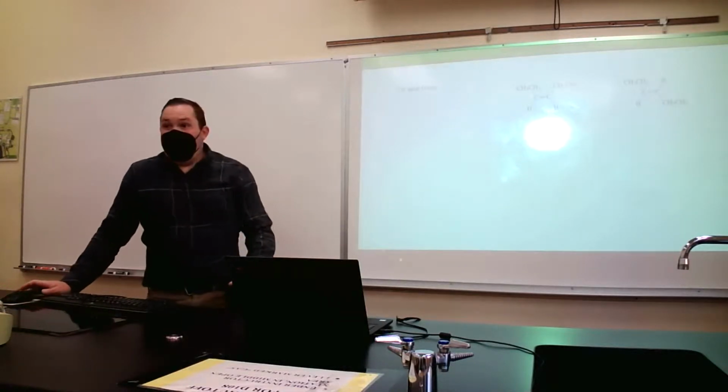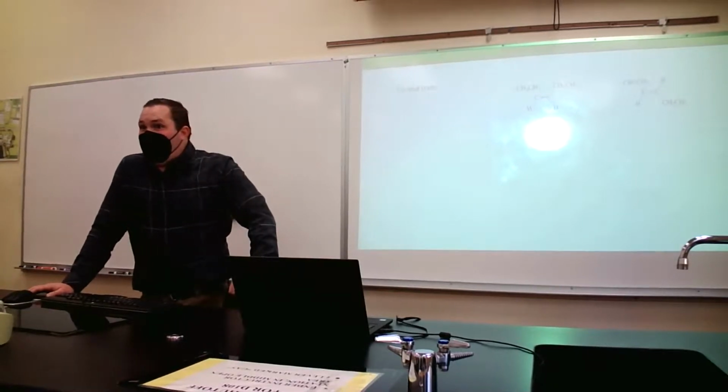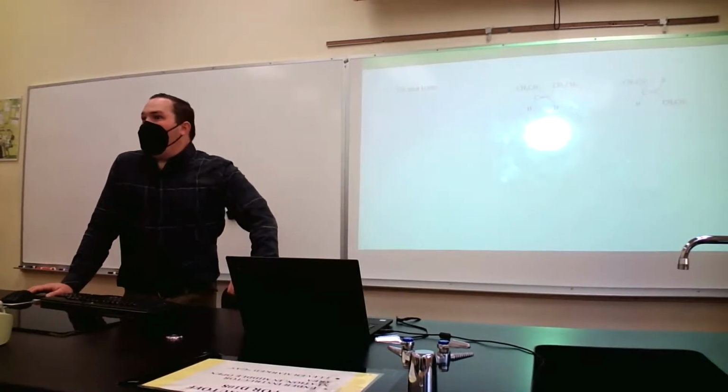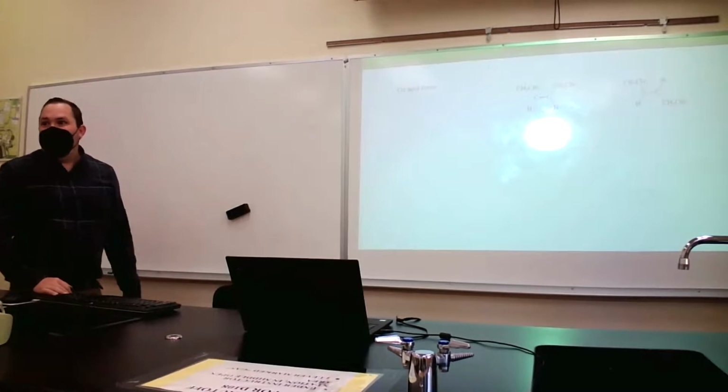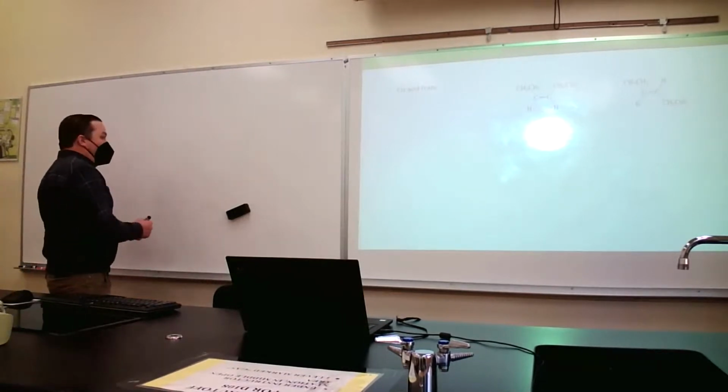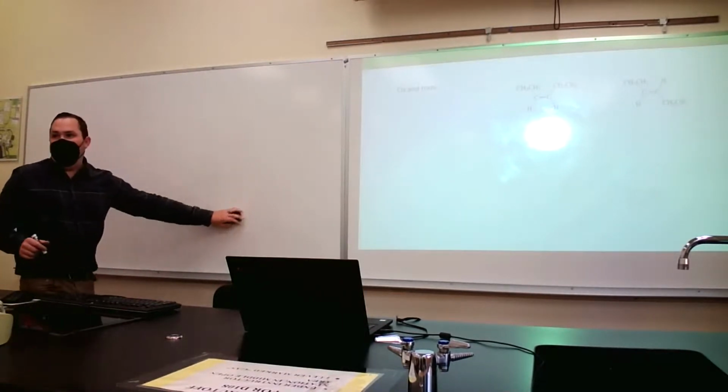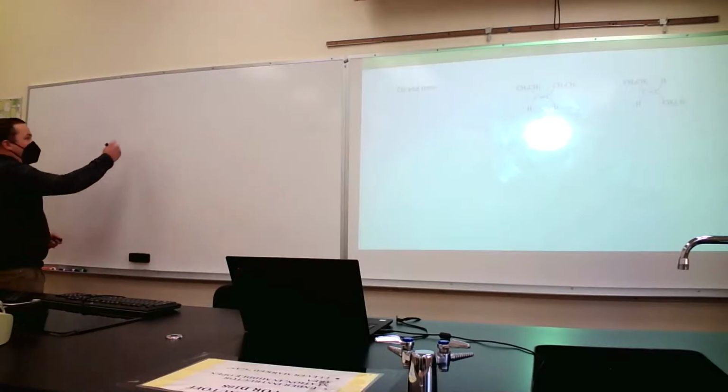We also have to worry about cis and trans when it comes to alkenes. Because as soon as we add a pi bond, we don't have freely rotating molecules anymore, right?